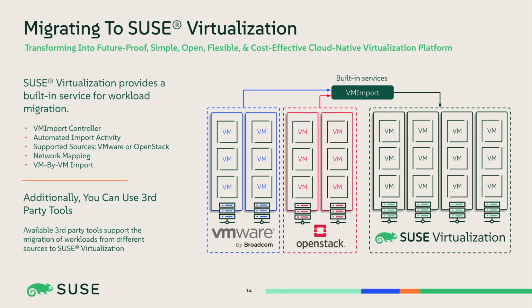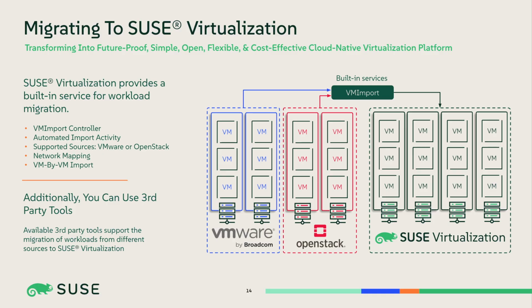And then one last slide in this section, I think, is talking about how do you actually get from your existing virtualization platform onto SUSE Virtualization. We include a tool called VM import. In the docs, it's a little bit difficult to find and navigate to, but you can search for VM import. It's a tool that lets you basically pull VMs from vSphere.